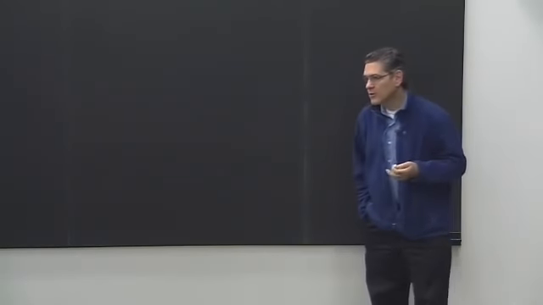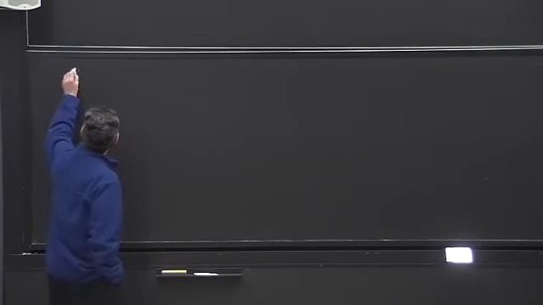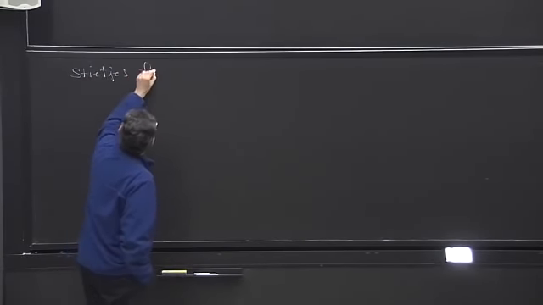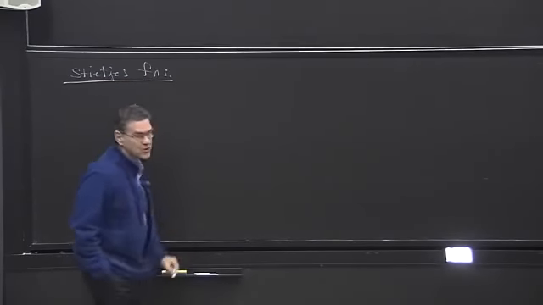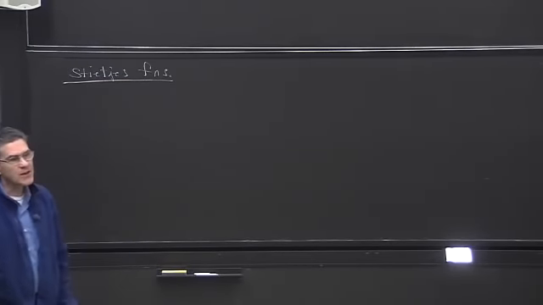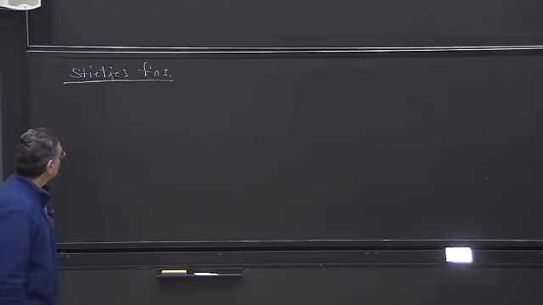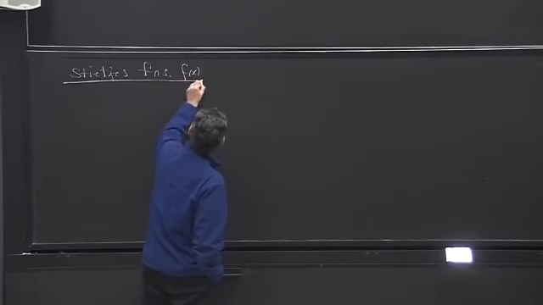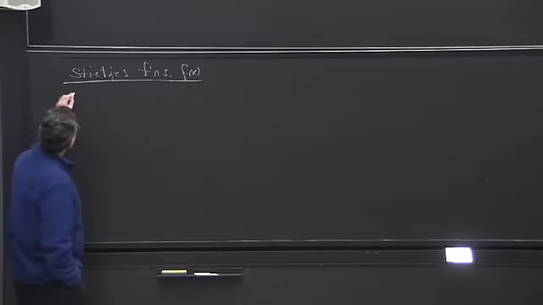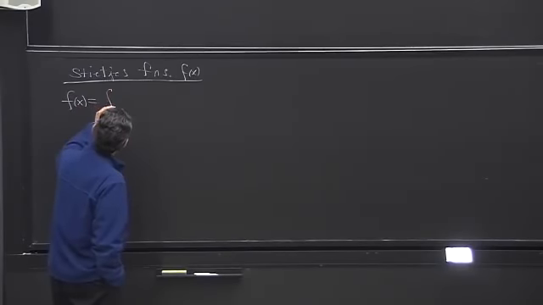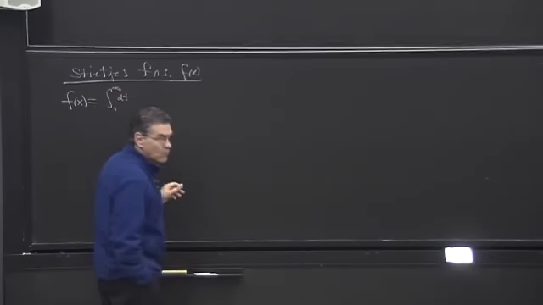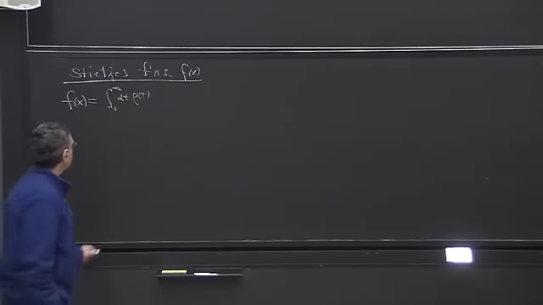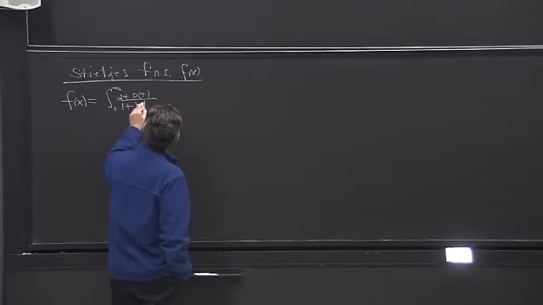There is a class of functions called Stieltjes functions. A Stieltjes function, let's call it f of x, is defined as an integral over a weight function, call it rho of t or w of t, over 1 plus xt.